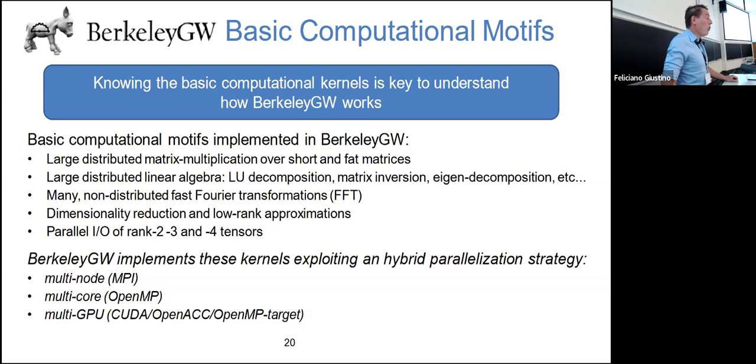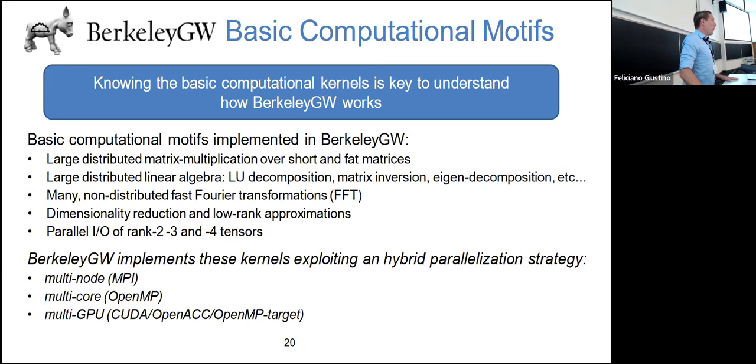Being a condensed matter code, of course, we do a lot of fast Fourier transformations, with the only difference that we can perform these node-local or embarrassingly parallel, especially for the calculation of intermediate matrix elements. So we don't have to deal with parallelization of this step. We also do dimensionality reduction, tensor reduction, and low rank approximation, as previously mentioned. And we are also intense in parallel IO, especially for printing out, for example, the dielectric function or the BSE kernel matrix elements, so tensor rank 2, rank 3, and rank 4.